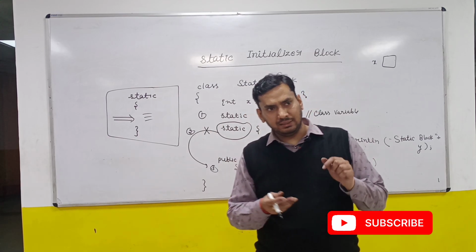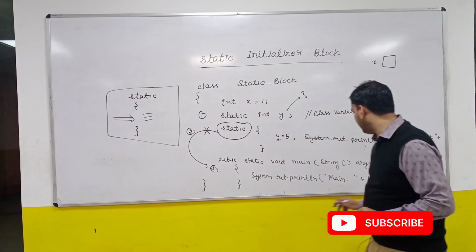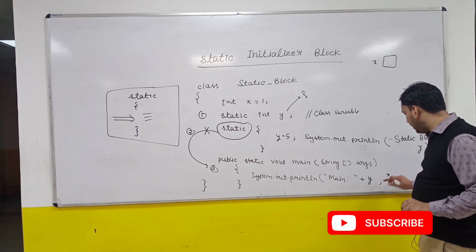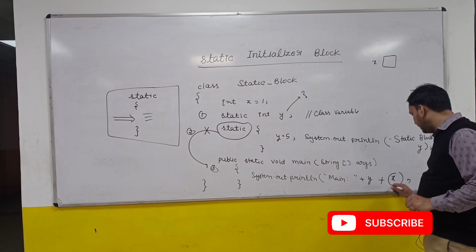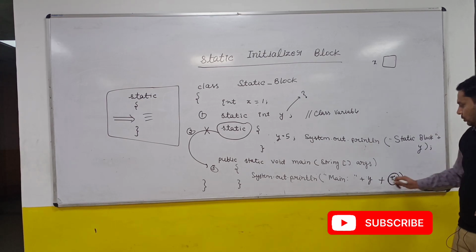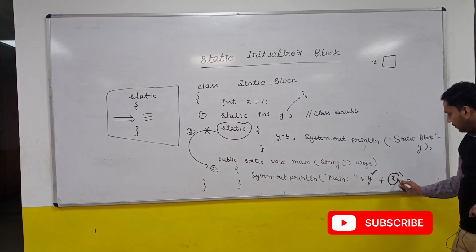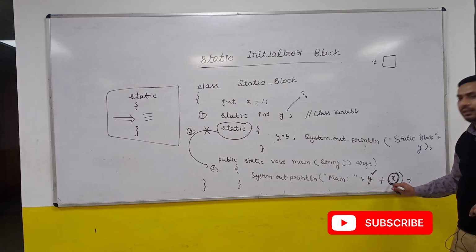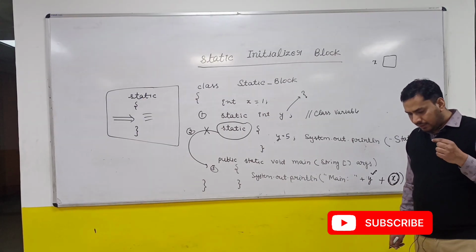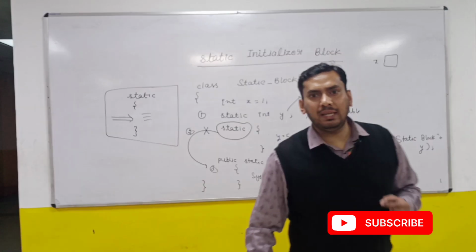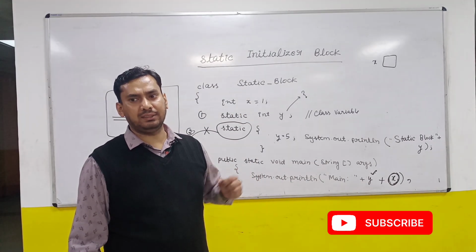Even inside the main function, if I try to print the value of x here, can you access it? You can access the value of y, there is no problem. But if you try to access x, it will give you a compilation error: non-static variable x cannot be referenced from a static context.